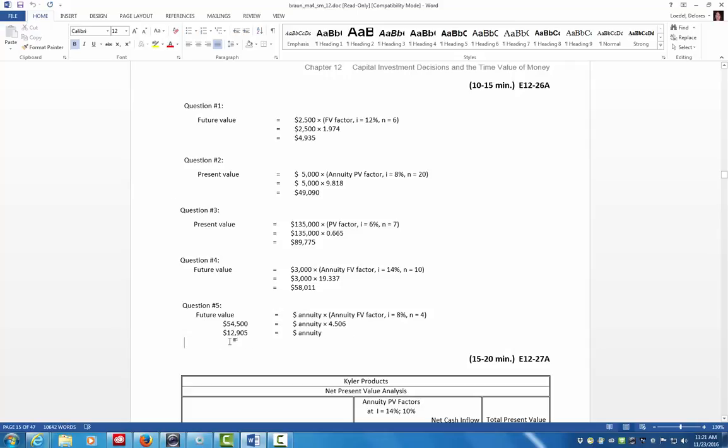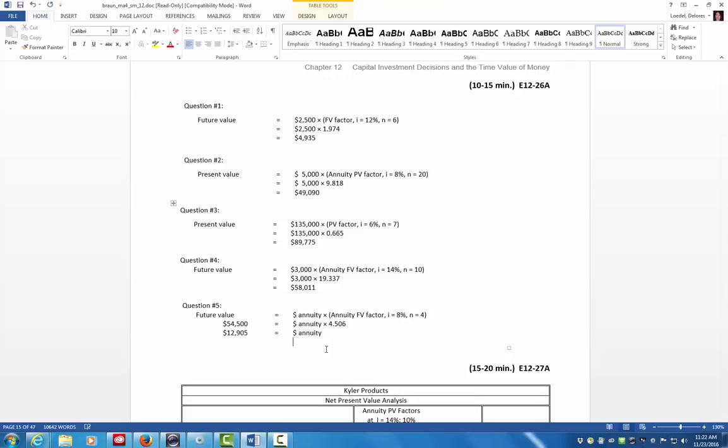So if we divide 54,500 by 4.506, we get $12,905. And that is the end of this particular problem with learning objective number 3.